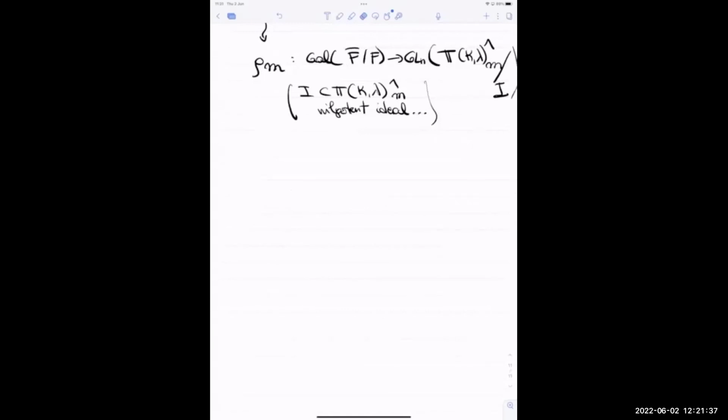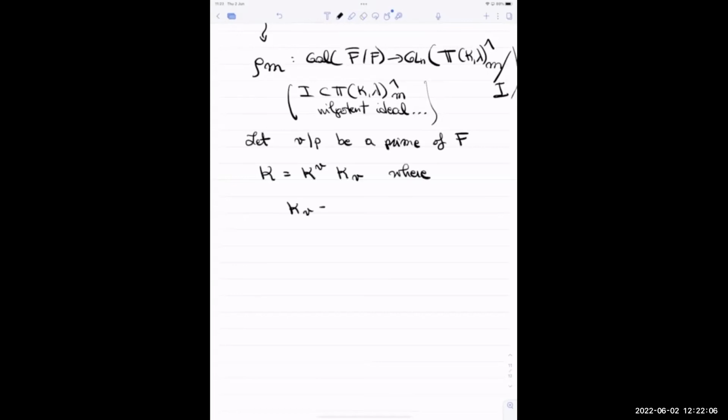So the kind of result that one needs is the following. Let v dividing p be a prime of our CM field. And let's assume that our level K is of the form some level away from v and some level at v, where the level at v is GL_n(O_{F_v}).